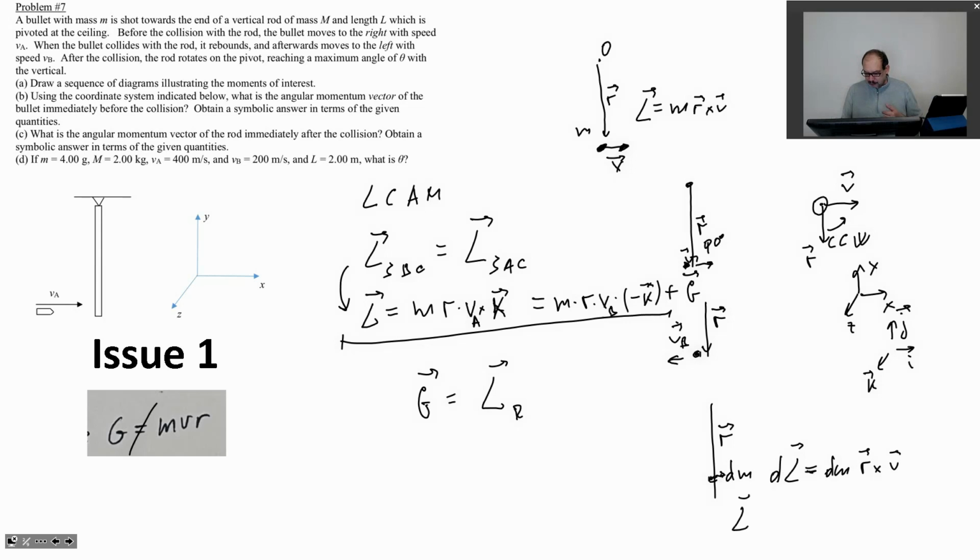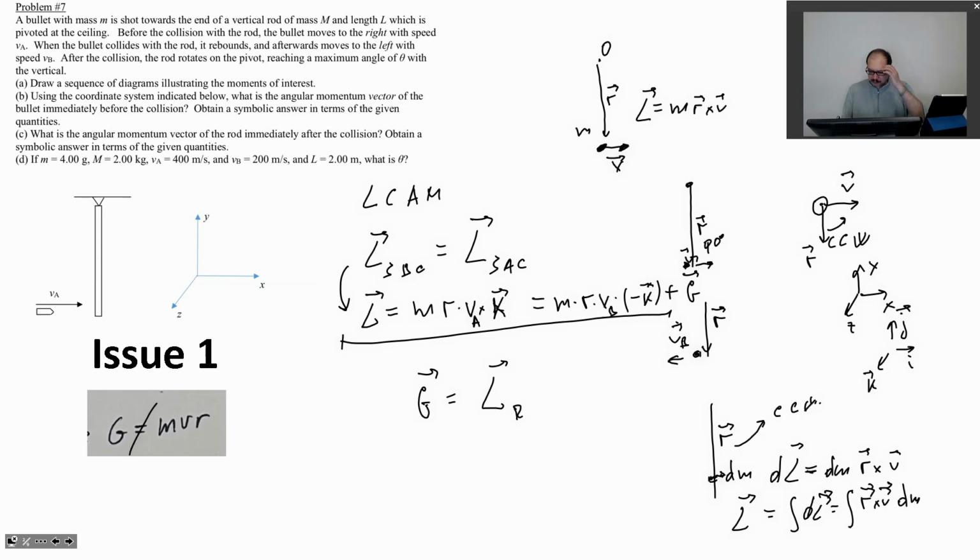But to calculate the total one, you would have to calculate the total sum, which is an integral. And the integration gives you something like this.